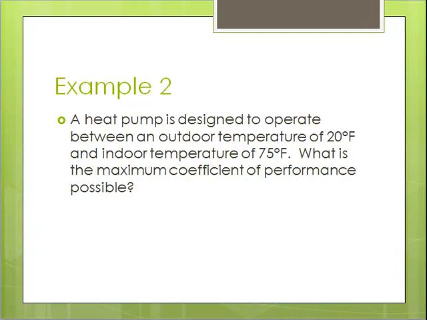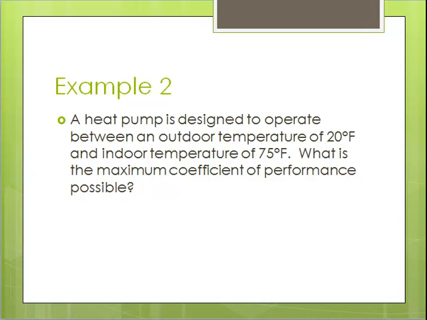So let's look at another example. This is a heat pump. Heat pumps are refrigerators where I'm taking the heat released by the system as the desired effect. In this particular case, I have one operating between an outdoor temperature of 20 degrees Fahrenheit and an indoor temperature of 75 degrees Fahrenheit. I need to be careful here because these are not absolute temperatures, correct?